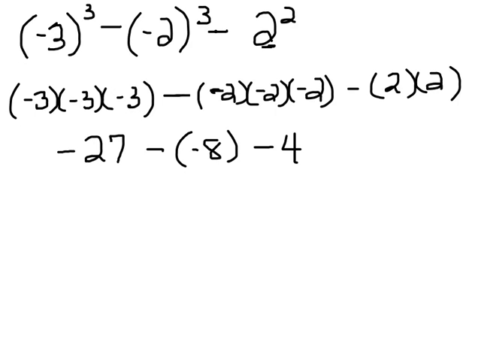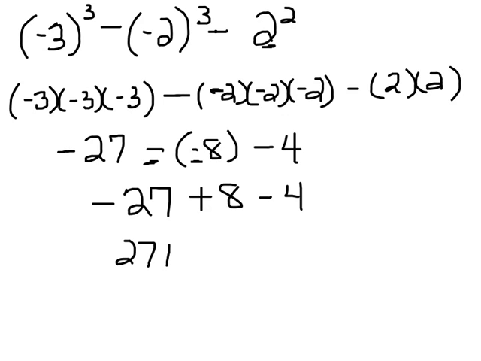Because I have a negative here and a negative here, what that really means is that's going to turn that 8 into a positive. So negative 27 plus 8 minus 4. So I'm going to be adding the 27 and the 4 together for 31, and that's going to be negative, and then I'm going to subtract the 8.